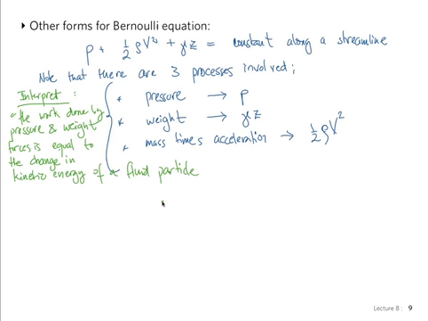Now, an alternative form, again, would be obtained if I divide that equation by gamma. This is an alternative form, and it's going to be P over gamma plus V squared divided by 2g, the rho cancels out, plus z equals constant along a streamline.